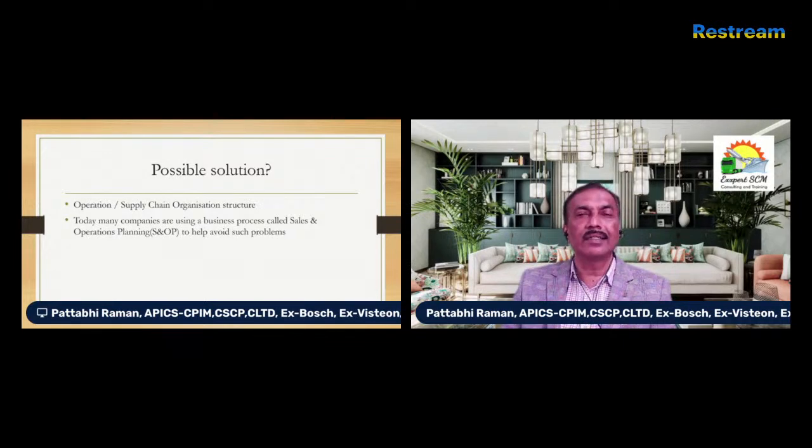And this S&OP is an activity, or even a function you can call it, or most possibly you can call it a business process, that helps to find a balance between demand and supply.